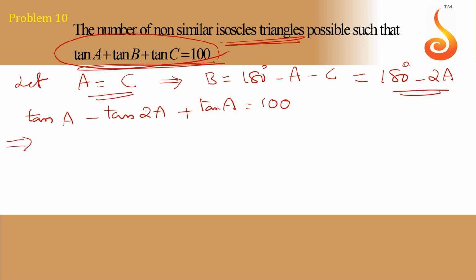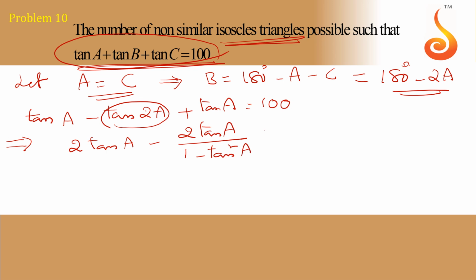So this implies it is 2 tan A minus tan 2A, and the tan 2A formula is 2 tan A by 1 minus tan square A, equals 100. So 2 gets cancelled, take LCM and cross multiply. You will get tan cube A minus 50 tan square A plus 50 equal to 0.